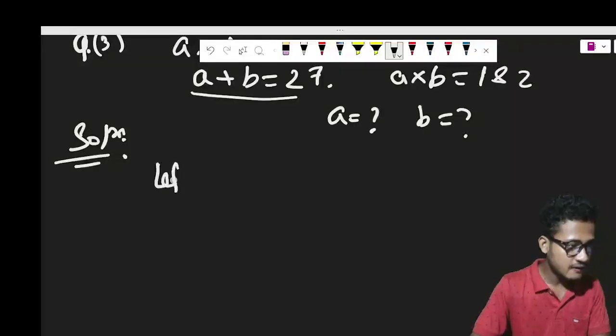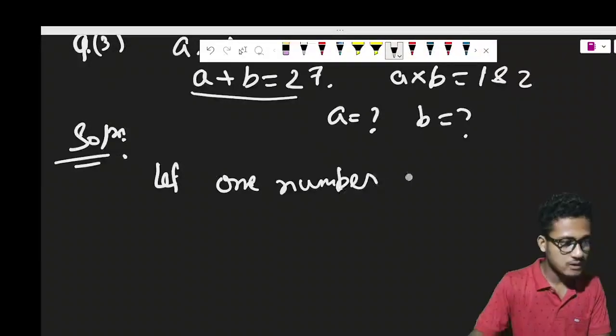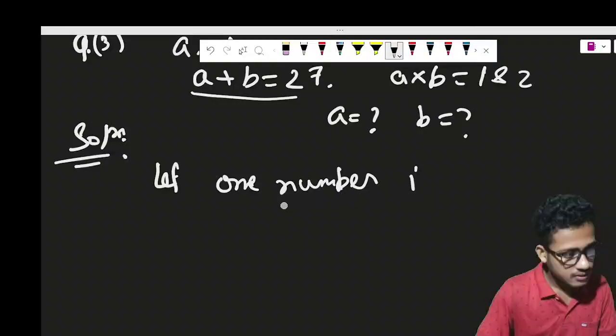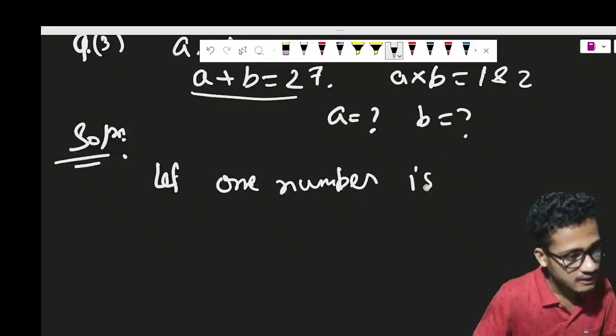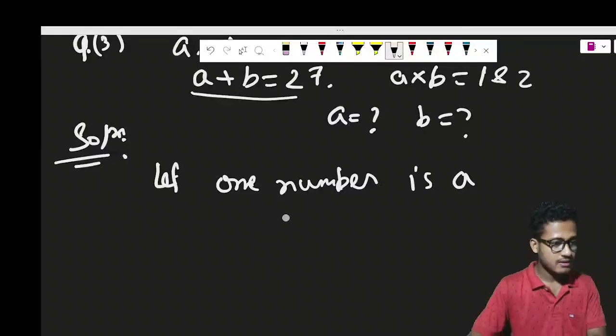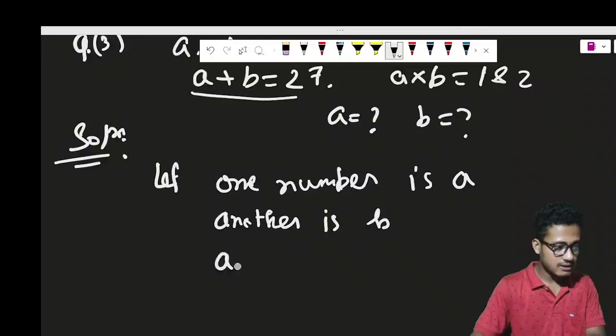Let one number be a and another be b. A plus b is equal to 27.